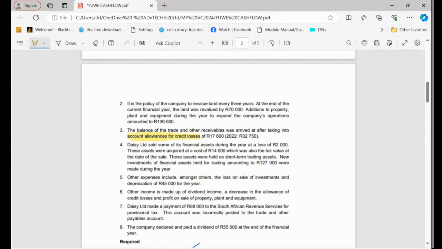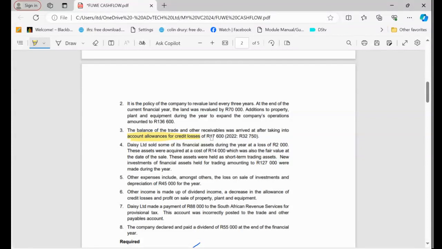Yes. Is this an increase or decrease from last year? Between 2022 and 2023. Yes, between these two amounts. Remember, this one, 17, is 2023, this is 2022.